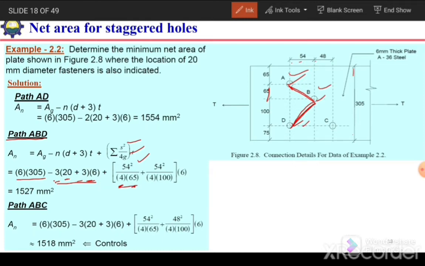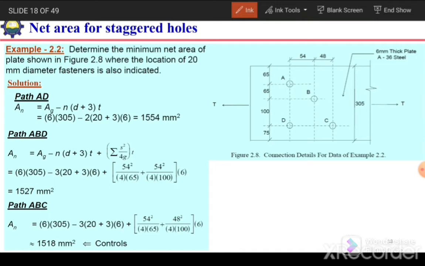And then for B and D, again the stagger is 54. So 54 square divided by 4 times the gauge length in case of B and D, which is 100. So we need to consider this and then multiply it with the thickness. So we need to add this much factor to account for these 2 staggers. So here we get the area 1527 millimeter square.